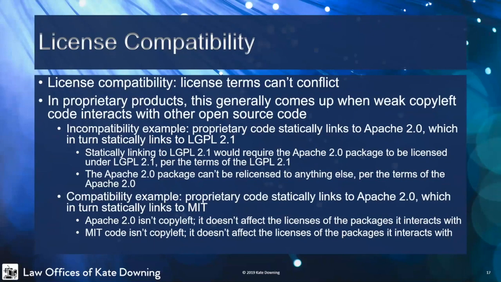But the Apache license doesn't allow for relicensing. Apache packages have to remain under Apache. So that's a license incompatibility. That's an interaction which you should avoid. On the other hand, certain open source packages communicating with each other doesn't create any problems for you. So Apache 2.0, for example, statically linking to MIT, doesn't create any license compatibility problems because neither of these packages are copyleft.